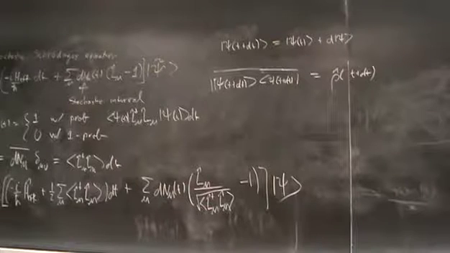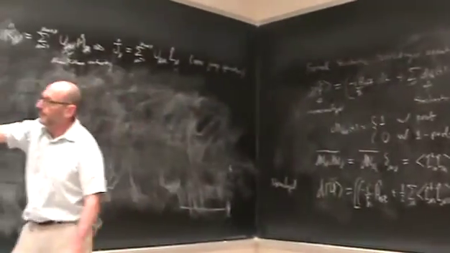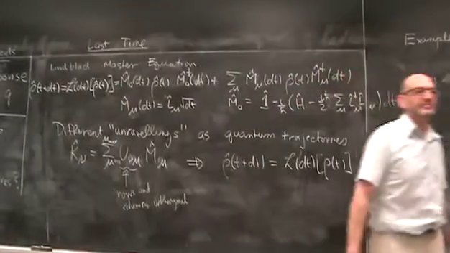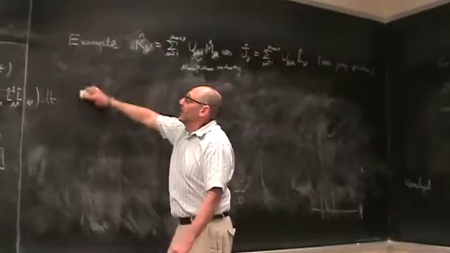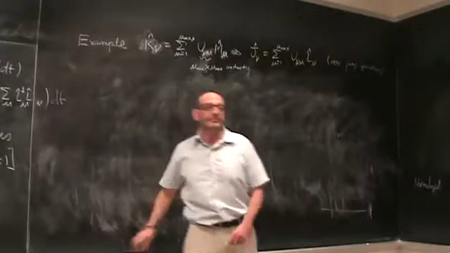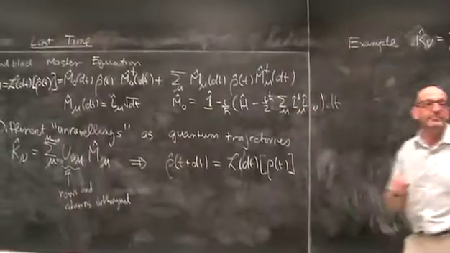Let's consider the case where I'm not just remixing the Kraus operators that are proportional to the jump operator, this guy. I'm going to mix this with this. I can do that, and I'll get the same master equation because it's the same CP map.